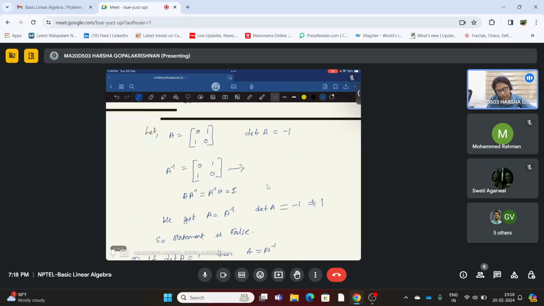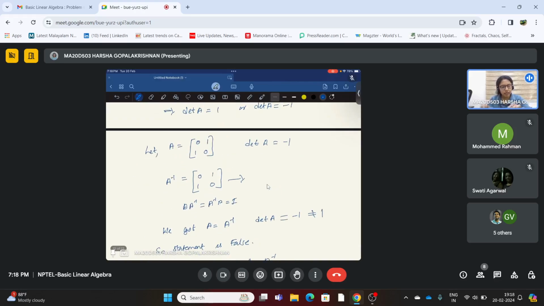What I was going to do with this example is, here itself you can just modify: instead of this 1, if you take minus 1 here, then the determinant is plus 1, right? That is what I was trying to tell. You can just try with it.